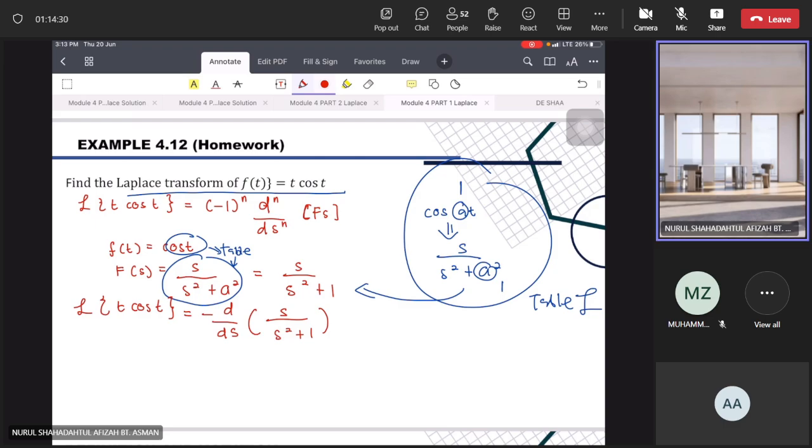This one also 1. This one, how did you get it? I get it from this one.